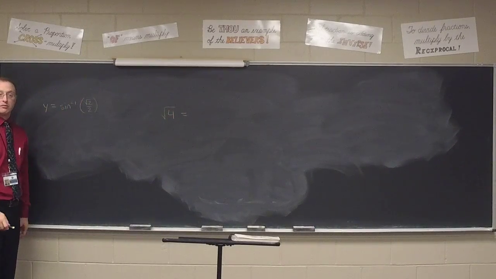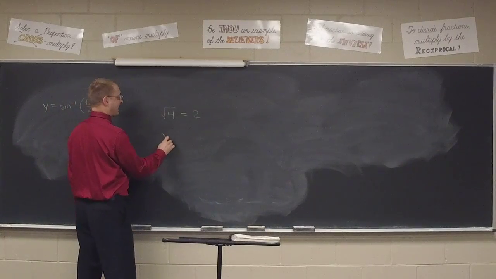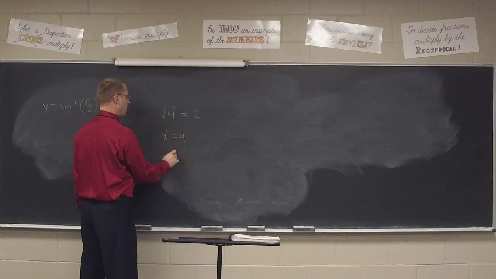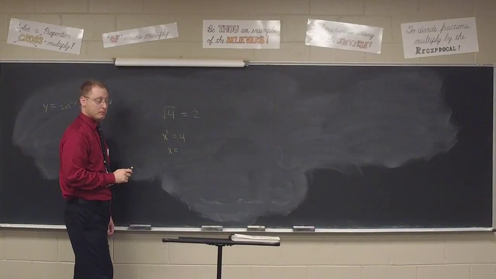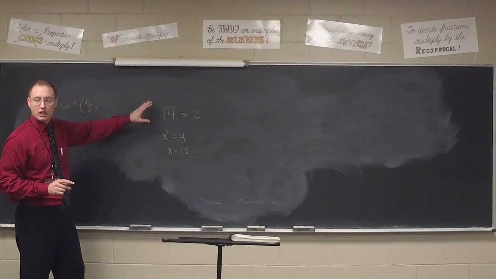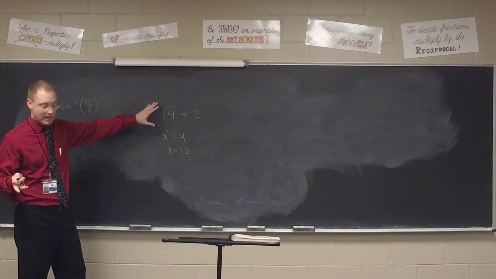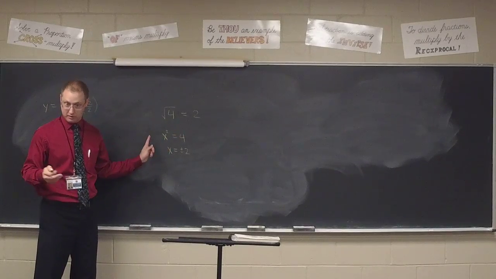You would say 2. If I said that x squared is 4, you would say that x is positive negative 2. Why didn't we say positive negative here? Because here the square root was already present. Here, I took the square root of both sides. Does that make sense?